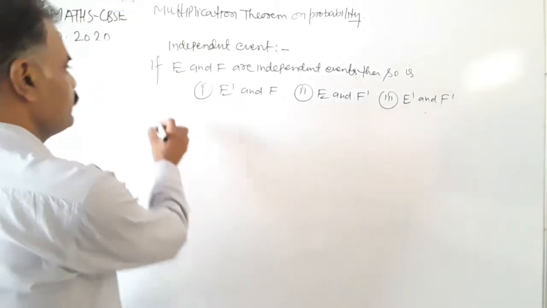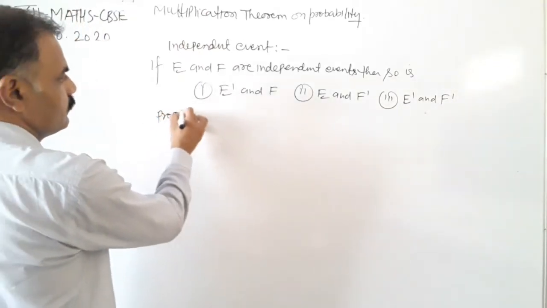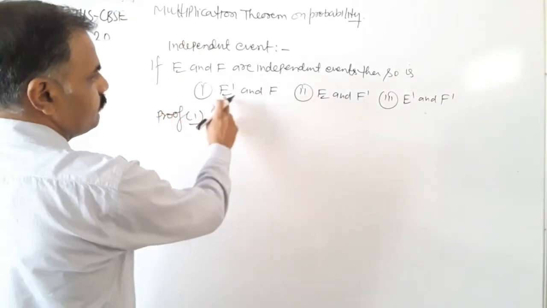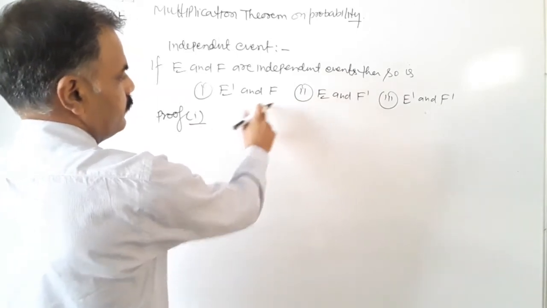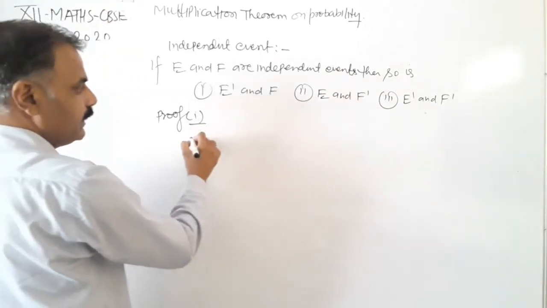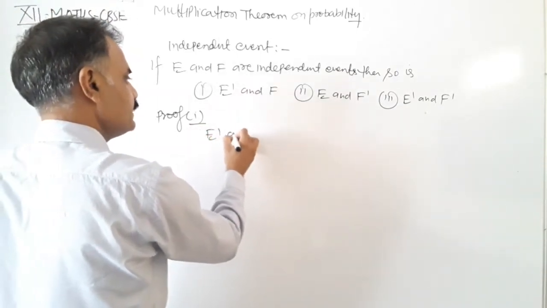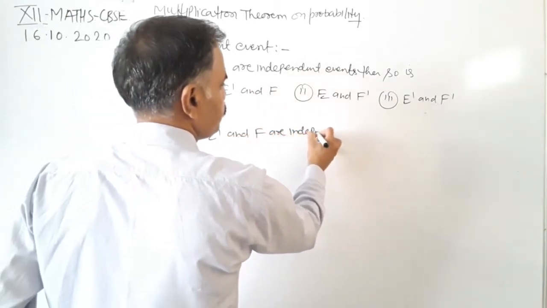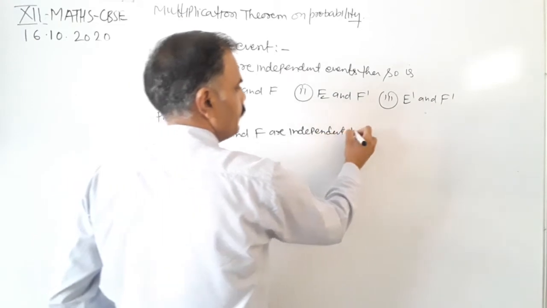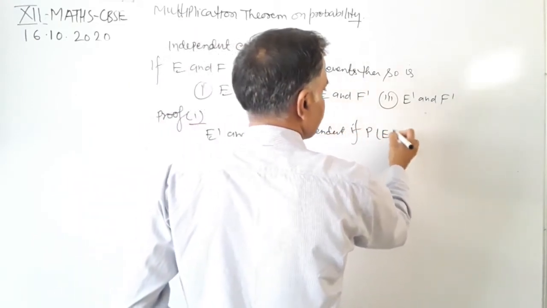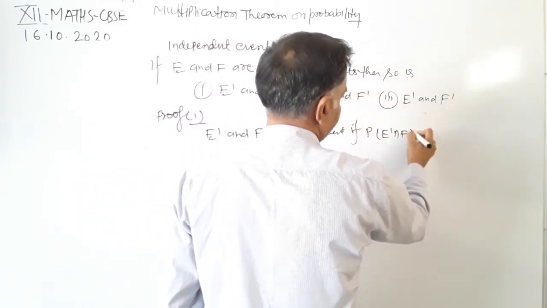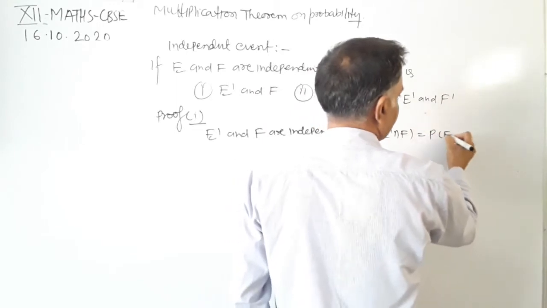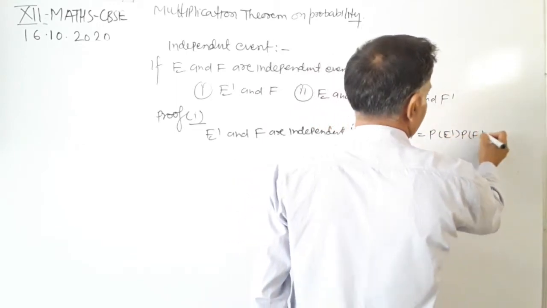So first we have the proof of the first result, that E dash and F are independent. E dash and F are independent if P(E dash intersection F) is equal to P(E dash) P(F).